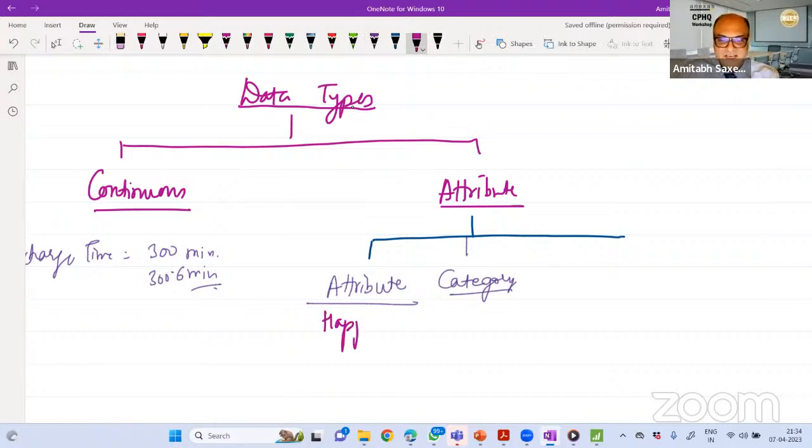I'm just giving the example of happiness. So categories could be many: very happy, happy, extremely unhappy, less happy, something like that.